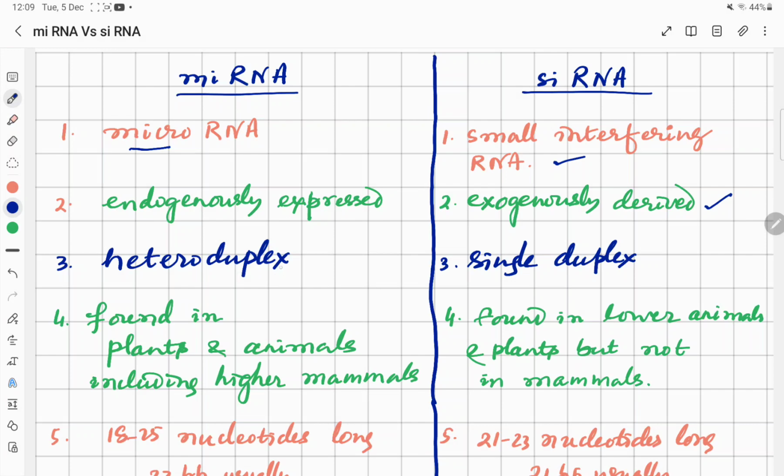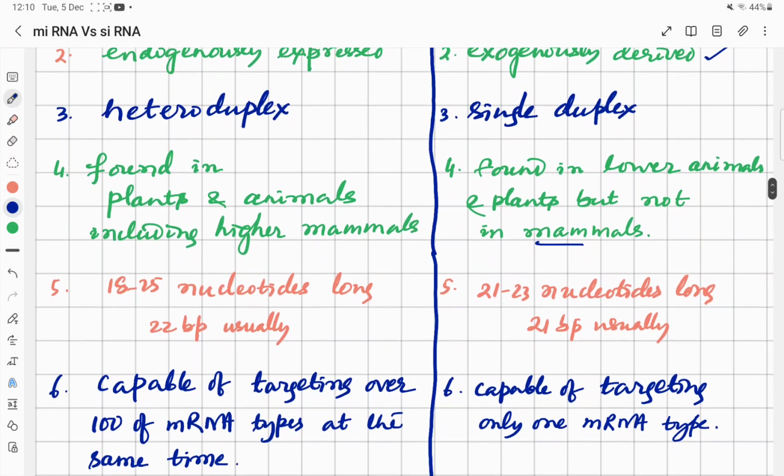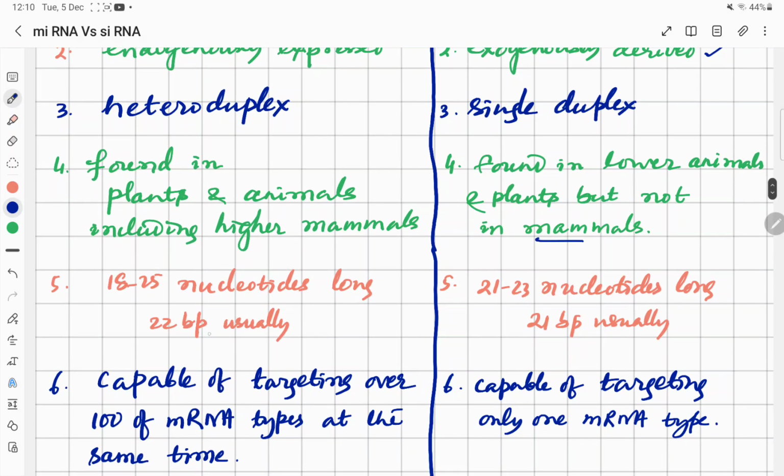Then microRNA is a heteroduplex and siRNA is a single duplex. MicroRNA is found in plants and animals, including higher mammals, and siRNA is found in lower animals and plants. It is not found in mammals. Then microRNA is usually 22 base pair.